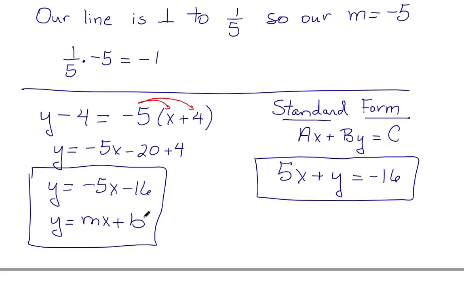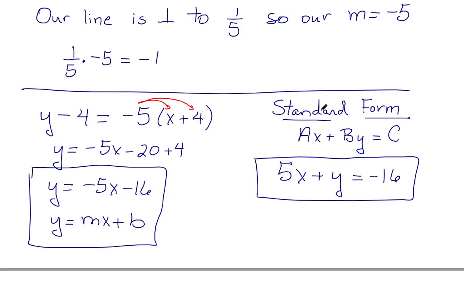All right, so we put our -5 in now. I can distribute it. So -5x minus 20. Bring the 4 over. -20 and 4 is -16. And so this is in slope-intercept form. It's a line going down, crossing on the y-axis at -16.